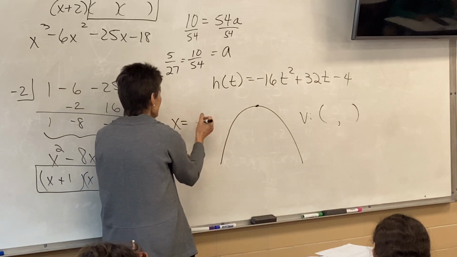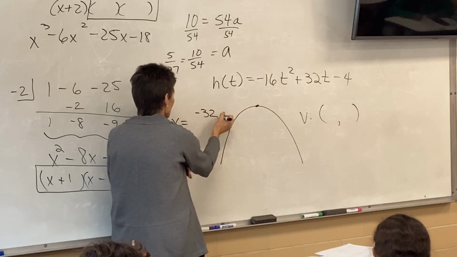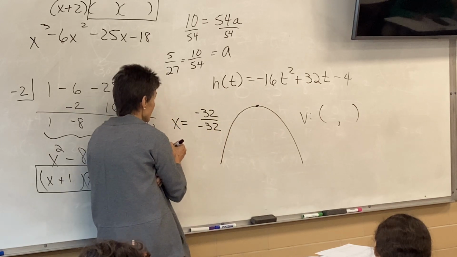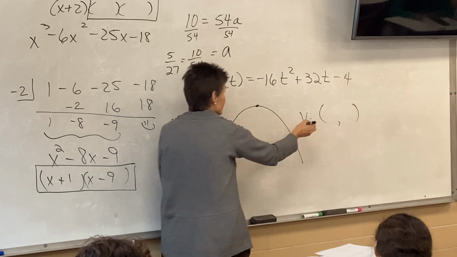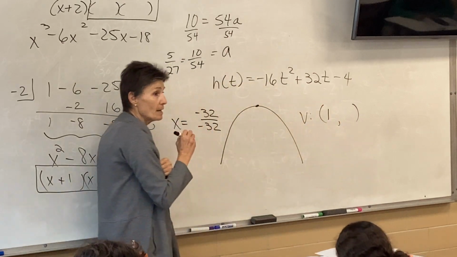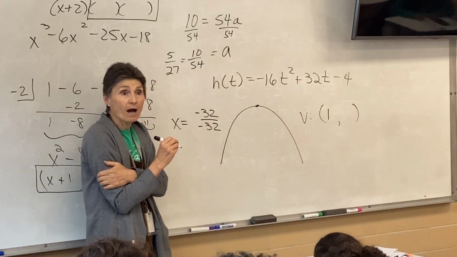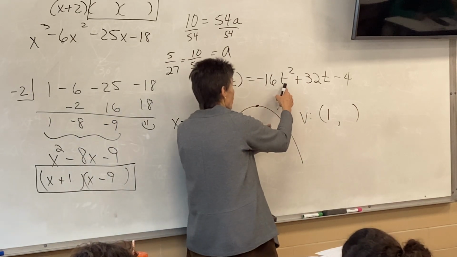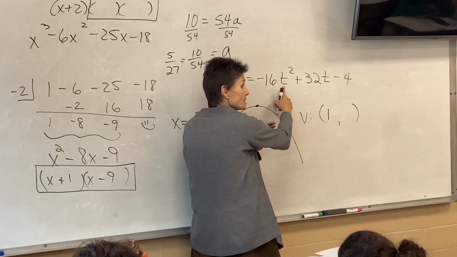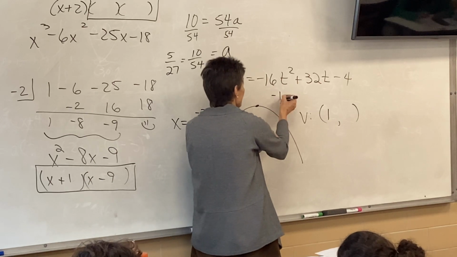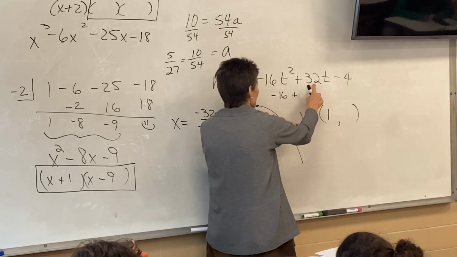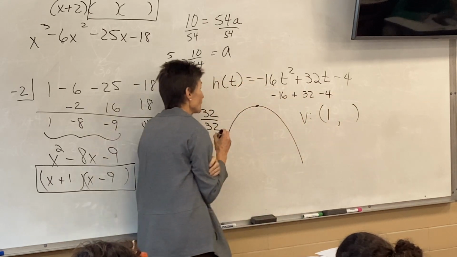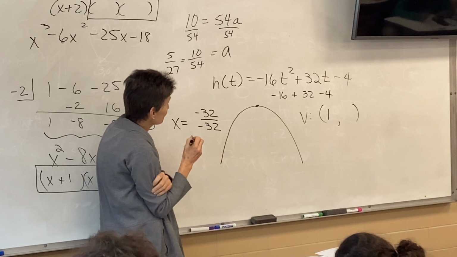So negative b over 2a gives me 1. And then how do I find the other part? I plug in 1. So 1 squared is 1 times negative 16, plus 32 times 1, plus 4. So what is that? 12.